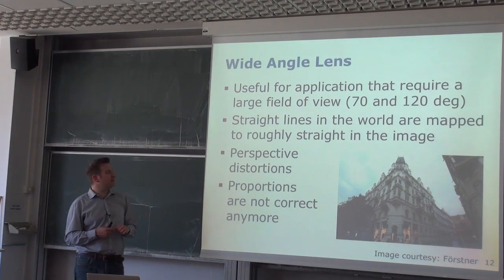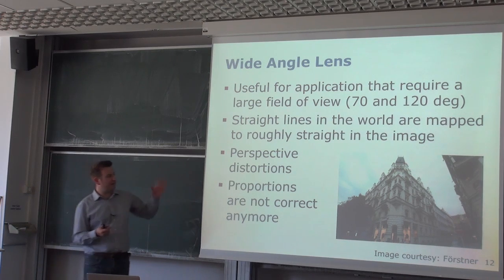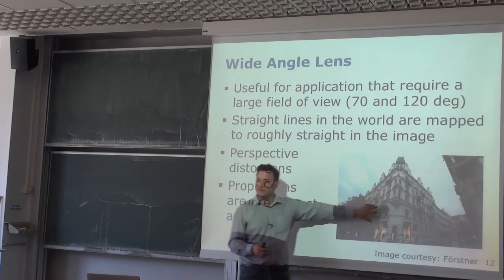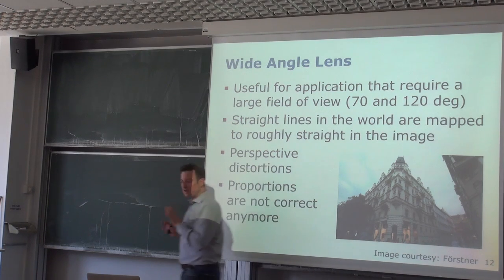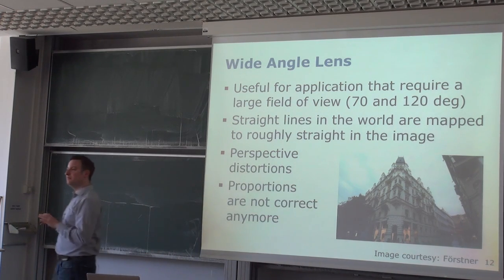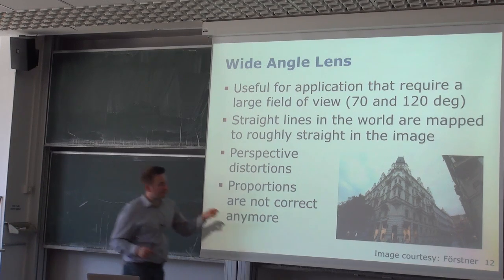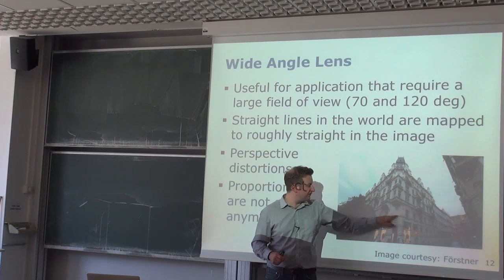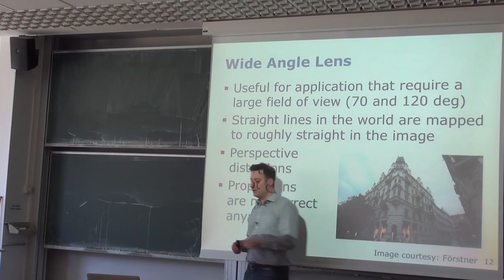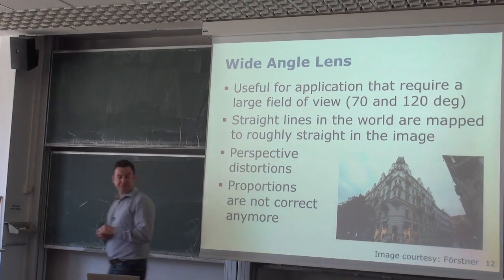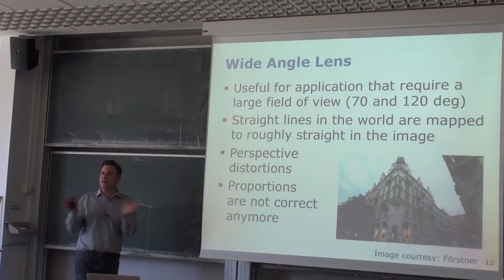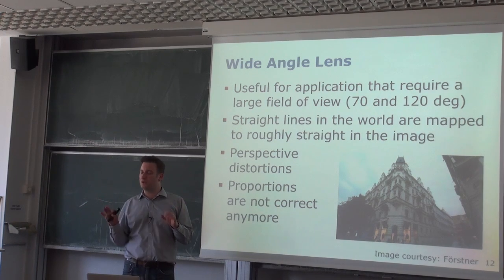The first thing we observe is that we have perspective distortions in those images, but straight lines are still roughly straight. All the straight lines in here, like those lines, are still straight. And this holds typically for cameras with an opening angle of up to approximately 120 degrees.